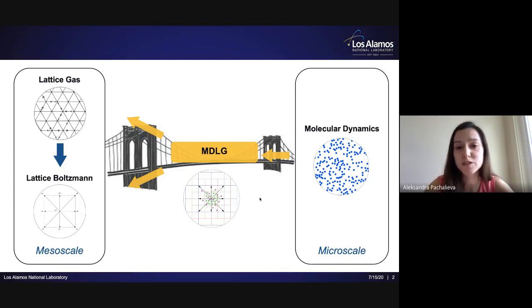So basically, MDOG is a coarse graining of a molecular dynamics simulation, and I find it a very interesting approach to find interesting physical properties of different systems that cannot be obtained using the hydrodynamic limit.